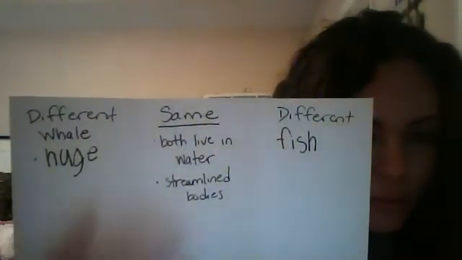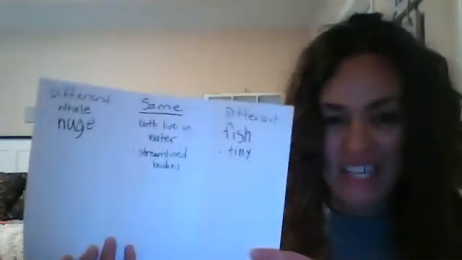Okay. All right. So Jonah added that for me. On the whale side we have huge. Whales are huge and fish are smaller. Okay, he put tiny, okay? I'm going to put a little comma there.